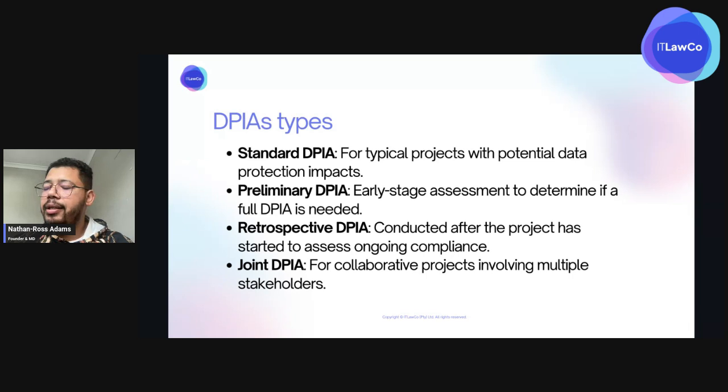And then lastly, and this is typically when you are sharing data between controllers or responsible parties. So you have joint controllers or co-responsible parties, and they may be involved in collaborative projects, and there may be a data sharing agreement between them. But if their projects would impact their stakeholders, they would often need to conduct a joint DPIA.